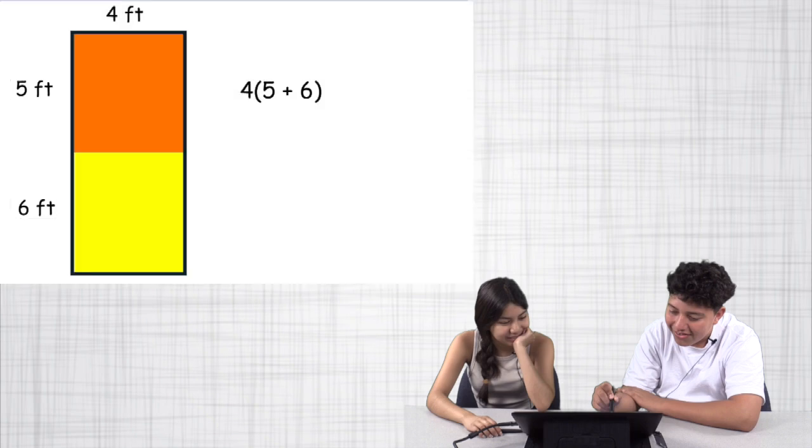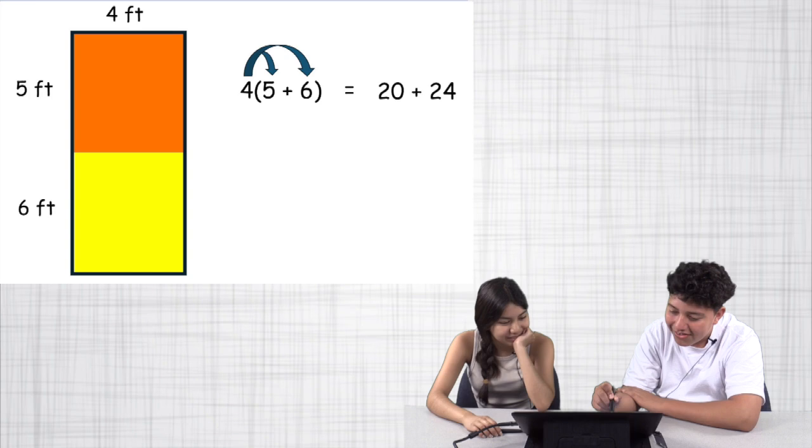When they distributed, they, as Emily put it, multiplied the width times both of the lengths. They distributed the width of 4 feet to the length of 5 feet and to the length of 6 feet to get an equivalent expression of 20 plus 24.